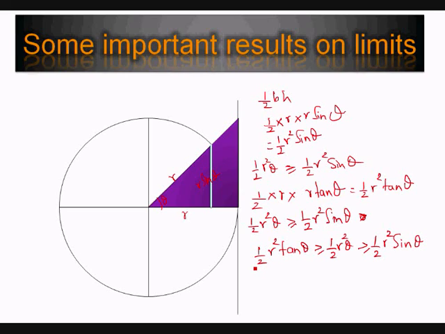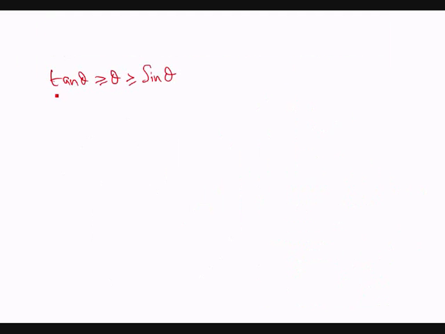Now let's divide throughout by half r square. Then we have tan theta is greater than or equal to theta greater than or equal to sine theta. Let me divide throughout by sine theta now.